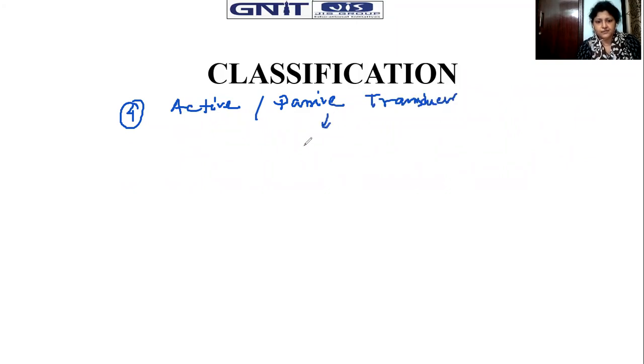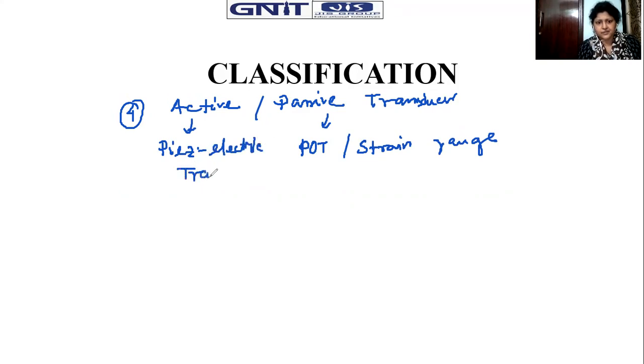So here we can put potentiometer or strain gauge. These are the examples. Whereas in case of active transducer, we generally give that example, that is piezoelectric transducer. These are all the examples you can state.